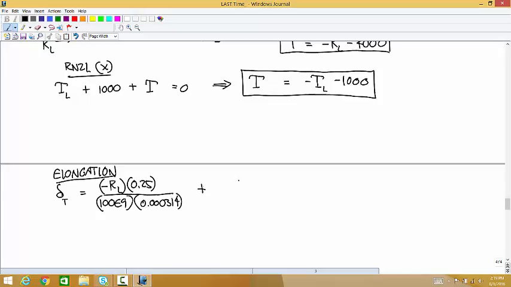That's for the first piece, and then the second piece, the internal tension is negative RL minus 4,000 times the length of 0.75 divided by the same stuff, 100 times 10 to the 9, and then 0.000314. It's pi times 10 to the minus 4. Where'd that come from, sir? The radius was 1 centimeter, so, oh, okay, yeah, the area.